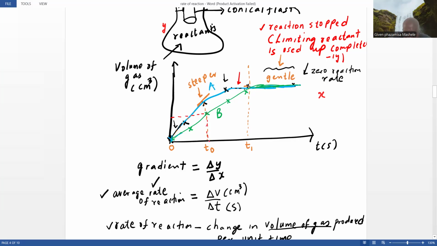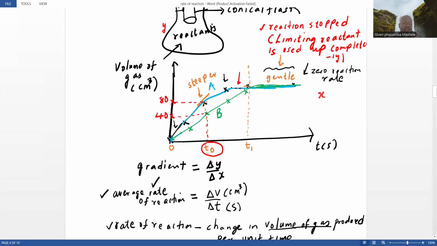You see that at the same time, gas A produces more volume than gas B. Let's say the volume here is 40 and the volume there is 80, and the time at T0 is around 5 seconds.